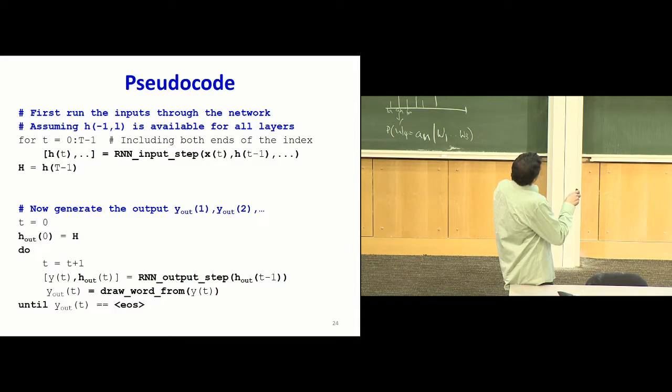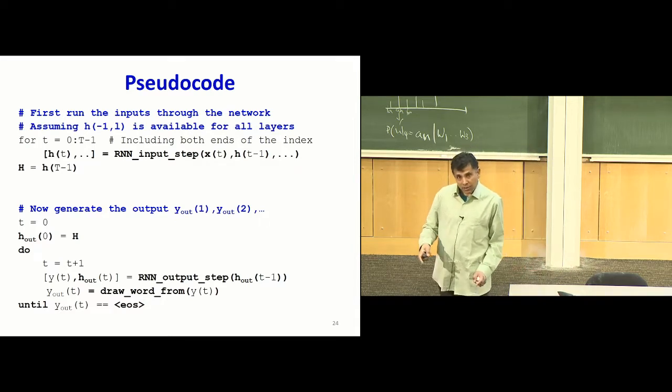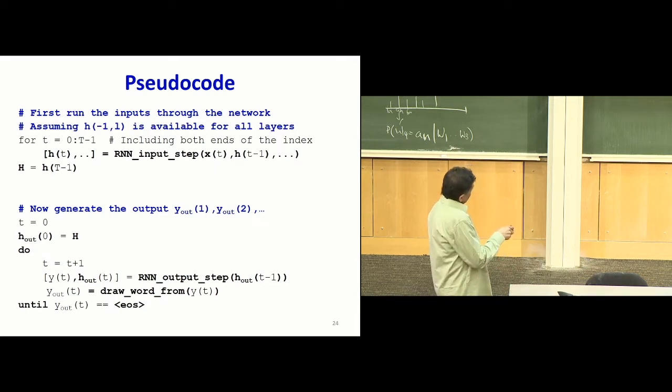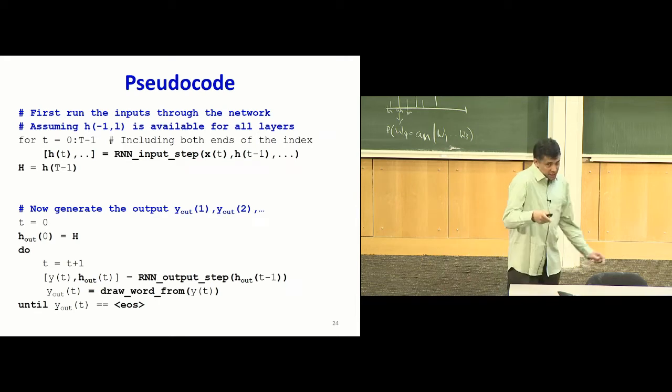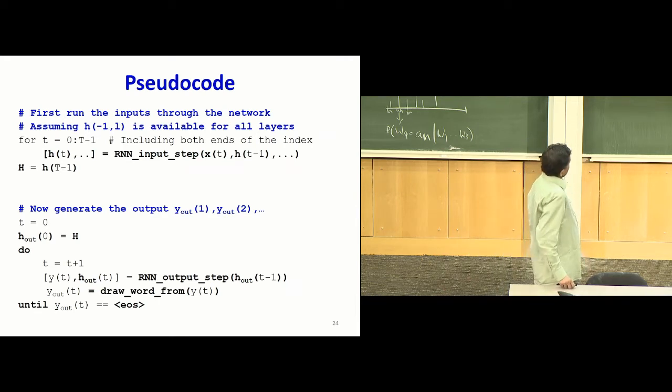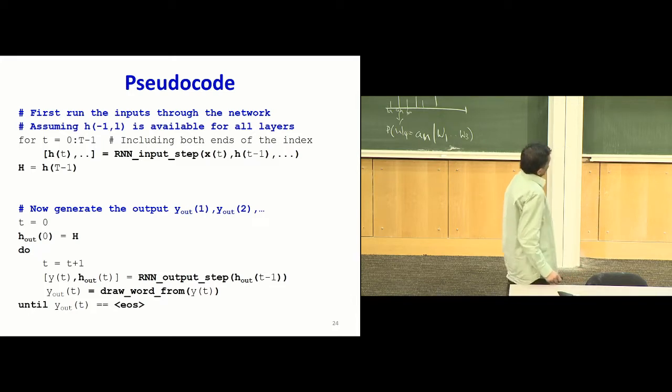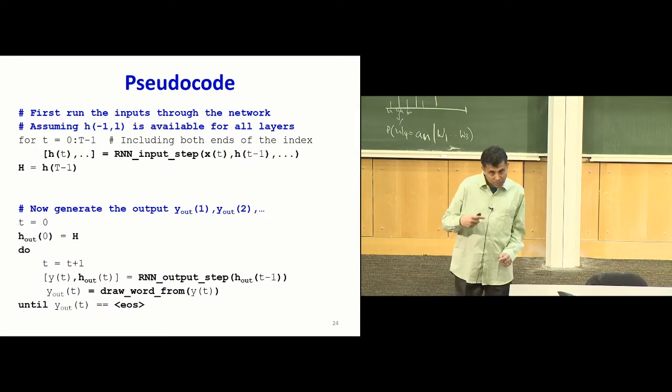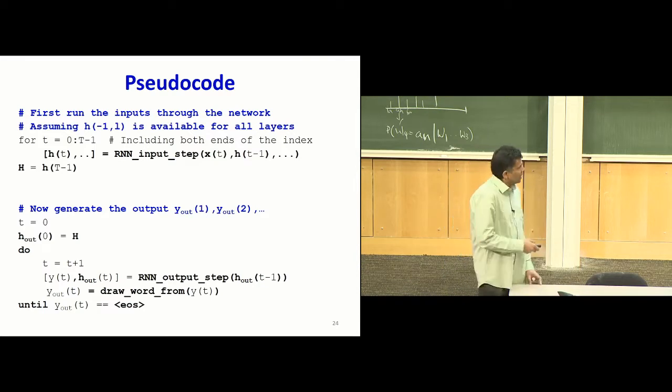This portion processes the input and produces the hidden representation at the final time instant. And then the second portion of the network is going to use that as the initial state for the hidden representation, the hidden layers. And then subsequently, you'd be stepping through time. At each time, you're just processing the hidden representation, and based on the hidden representation that you got from the previous time, you get a probability distribution over words.